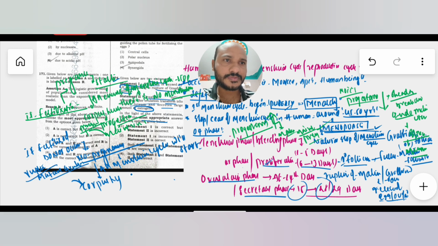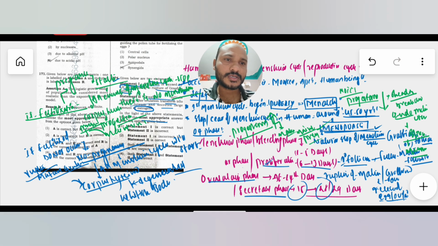This corpus luteum will degenerate. But if fertilization occurs, the corpus luteum won't degenerate, and it still maintains producing a large amount of progesterone. But if fertilization does not occur, the corpus luteum degenerates into whitish body structures.